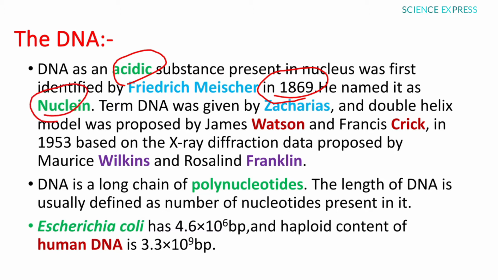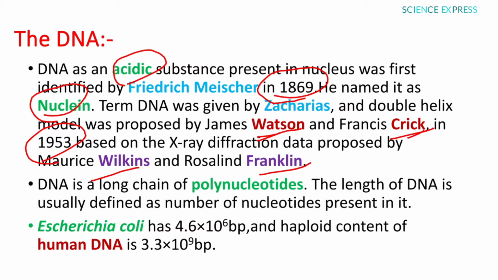The term DNA was given by Jacques, and the double helix model was proposed by James Watson and Francis Crick in the year 1953, based on the X-ray diffraction data of Wilkins and Rosalind Franklin. That is the history of DNA.